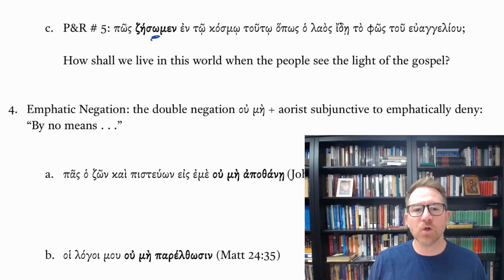How shall we live, asking the question, in the world, this one, when hapos, the people see the light of the gospel. So how shall we live when the people see the light of the gospel?